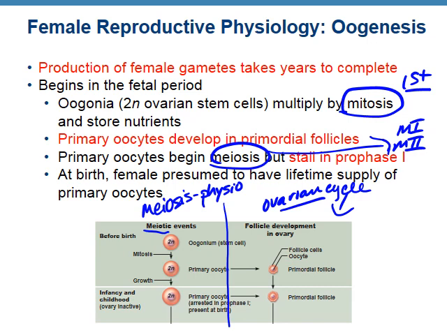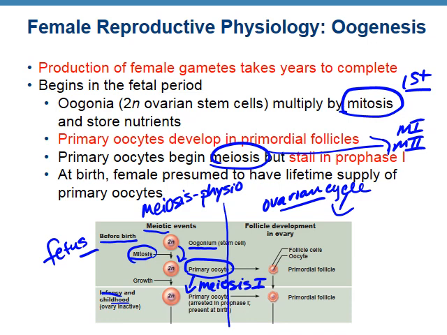So what they're saying is we start off before birth with oogonia stem cells. So this is when you're a fetus. And they copy themselves. So we just made an exact copy. Then when you are born, infancy to childhood, so this is before puberty, that primary oocyte is going to start meiosis.